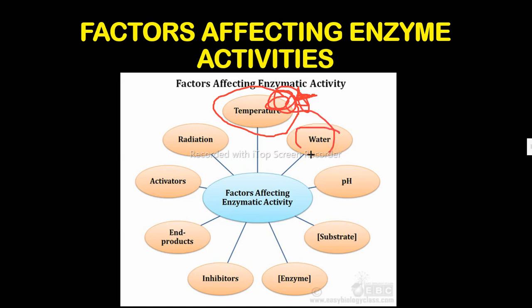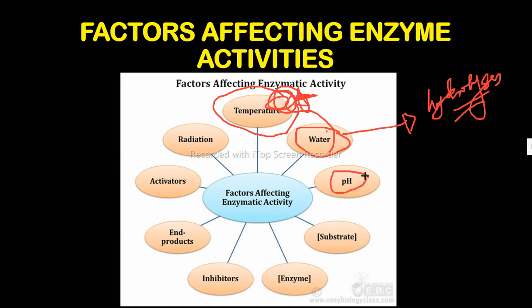Then we have the amount of water available, because you know that most of these enzymes do carry out hydrolysis reactions, apart from some few like ligases and kinases, I think. But even kinases also do carry out hydrolysis reactions. So water must be available for the enzyme to be effective.